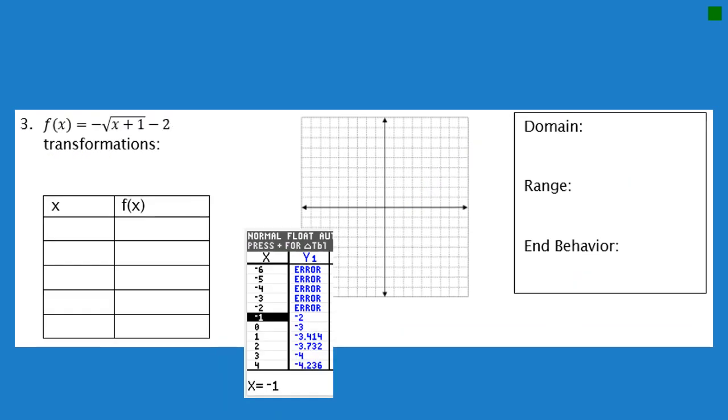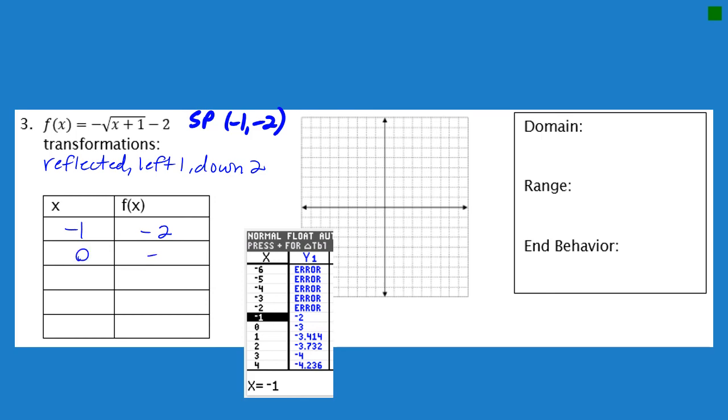The starting point of this graph is -1, -2, and that's going to go on my first line of the table. The transformation happening in this graph is that there's a negative in front, so I know it's being reflected. And then it's moving left 1 and down 2. So now you put this into your calculator, and we fill in the rest of the table.